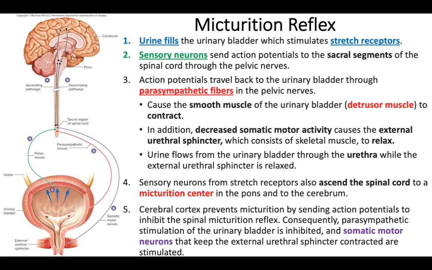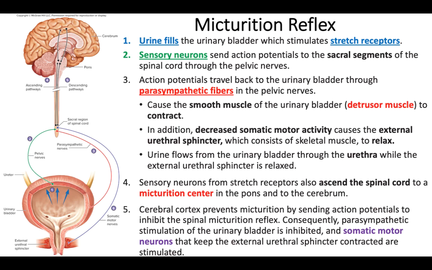Then, if you need to consciously control your urination, aka postpone it, we have to send a signal down from your brain. All right, so it starts at the cerebral cortex, travels down the spinal cord, comes out the sacral spinal cord in a somatic motor nerve, right? Not an autonomic.